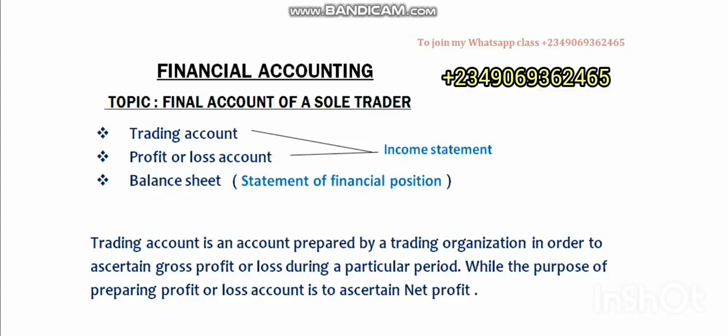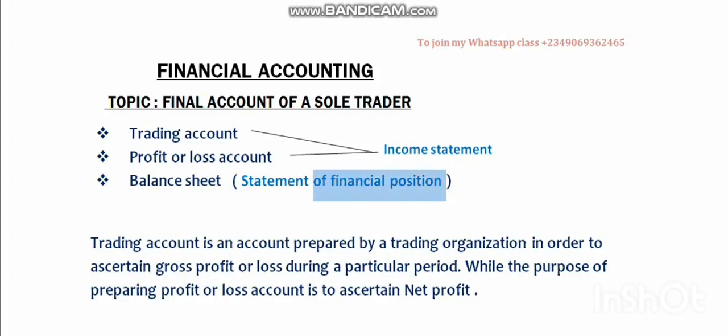From the balance sheet, you will know whether the business is solvent or insolvent. Because the balance sheet will disclose the total liabilities of the business and the total assets the business possesses. So all of these items I mentioned will be disclosed in the balance sheet.